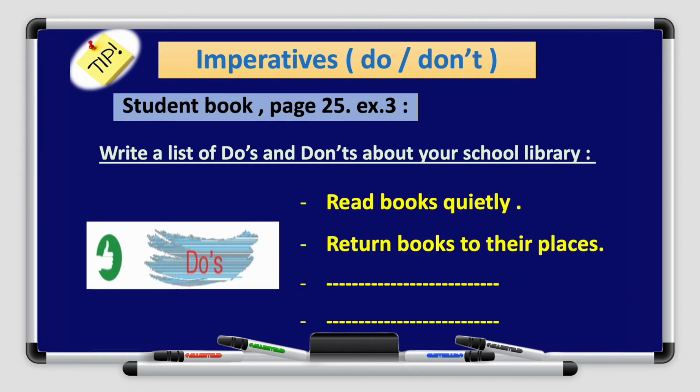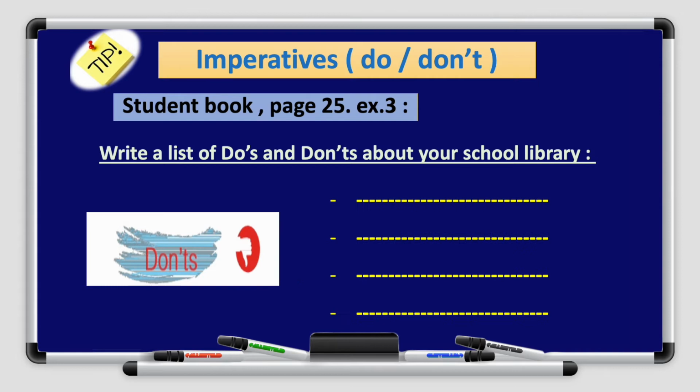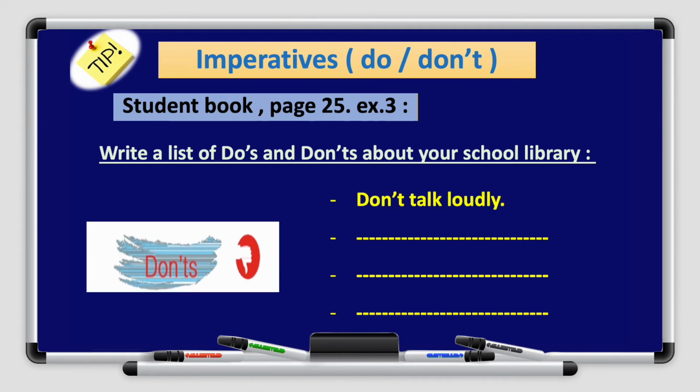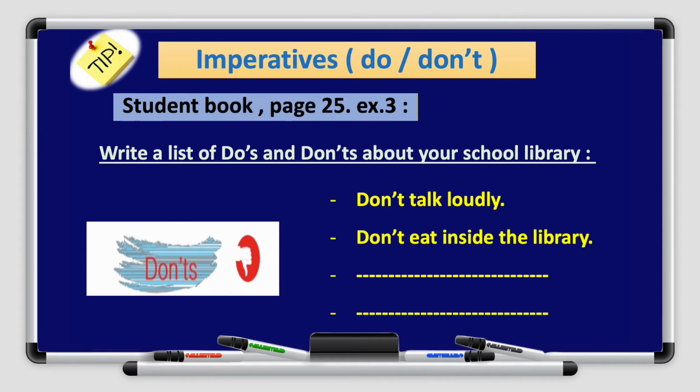Also, we can say, return books to their places. Now, it's your turn to think of more sentences. What about don'ts? What do you think? What don't you do in the library? Excellent. Don't talk loudly. Don't eat inside the library. And think of more sentences about the library.